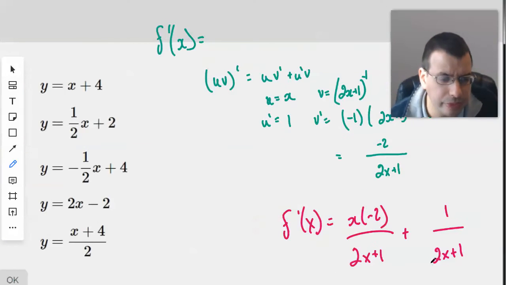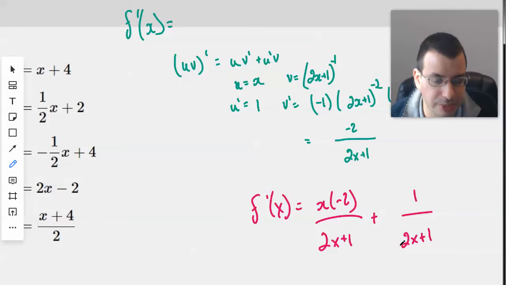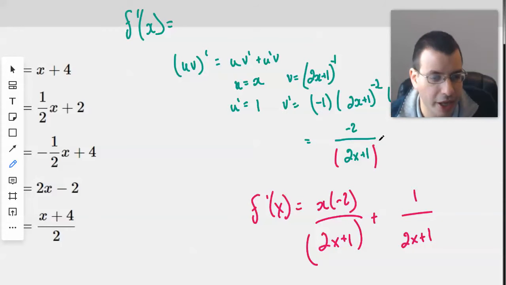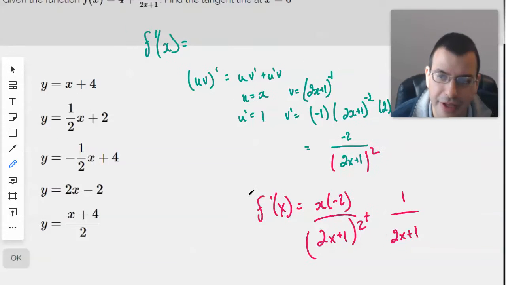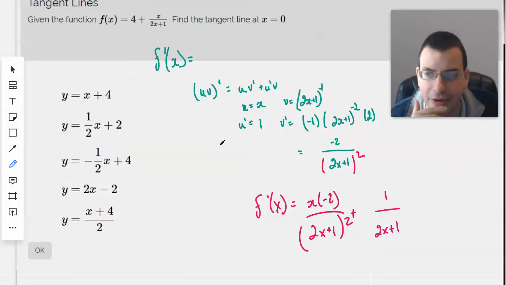Okay? And we could try to simplify that by creating a common denominator and combining them. But for this, let's not worry about that yet.